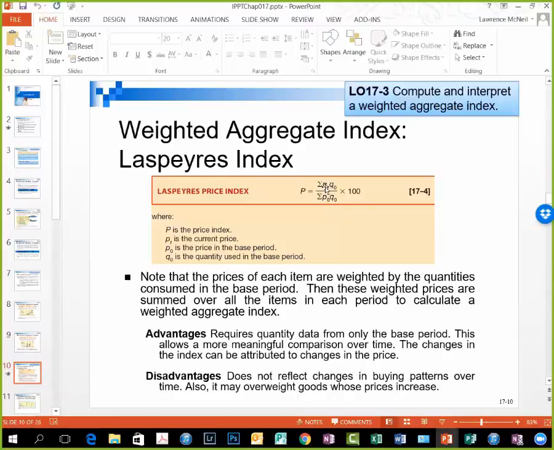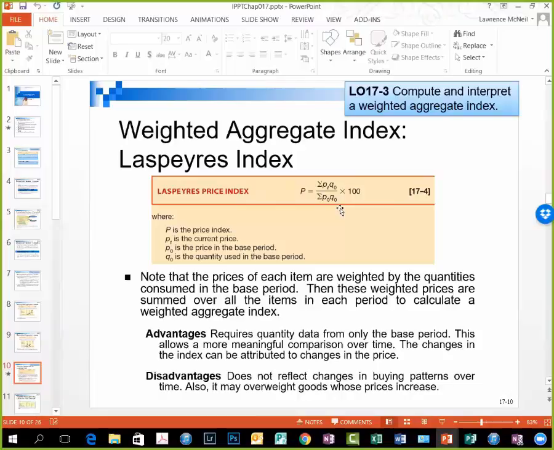Whereas Pt is the current price, which is the later year, times the base quantity. So this is one technique where the primary focus is taking your base, your earlier year, as your denominator. So you want the base as your denominator.